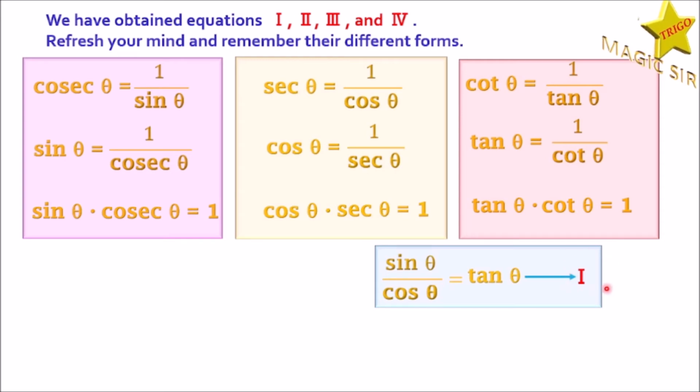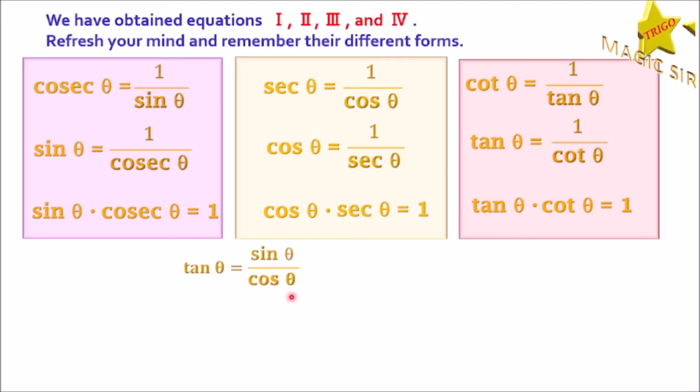Now from the first equation, we have sin theta upon cos theta is equal to tan theta. This can also be written as tan theta is equal to sin theta upon cos theta. But we know that tan theta is the reciprocal of cot theta and cot theta is the reciprocal of tan theta.